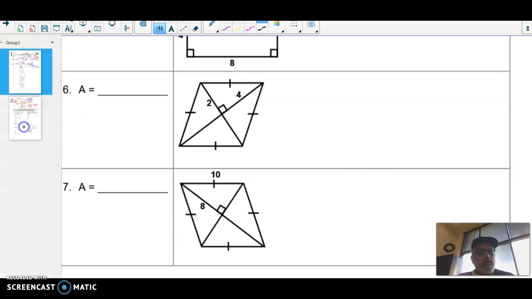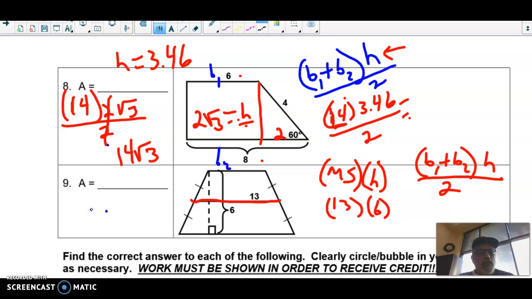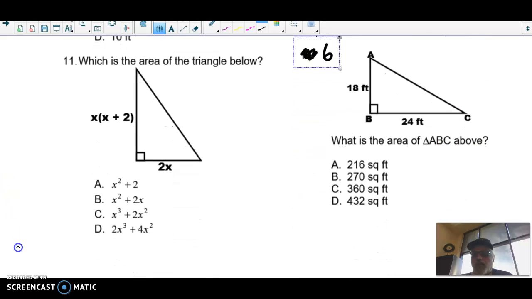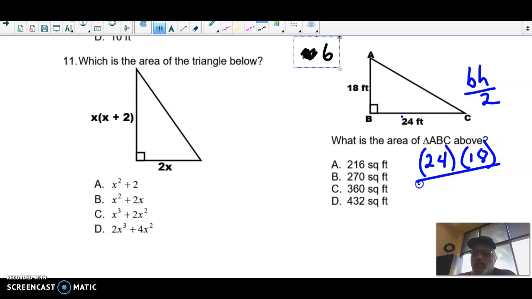Okay, the last one is this guy right here. Now the area for a triangle is going to be your base times your height divided by 2. There's my base times my height divided by 2.